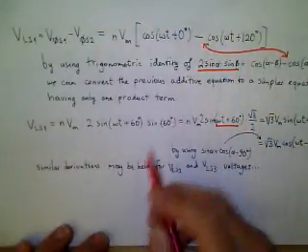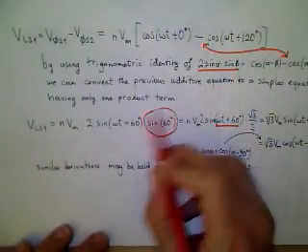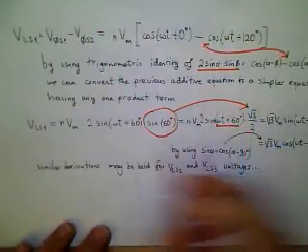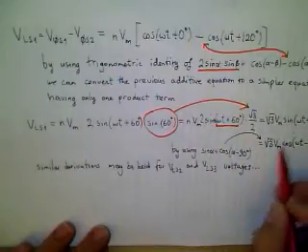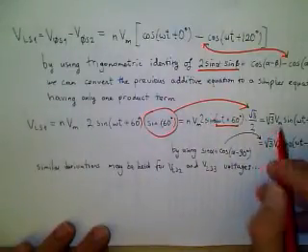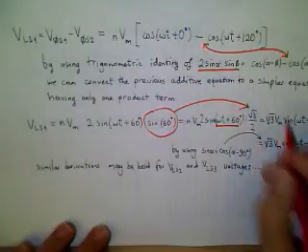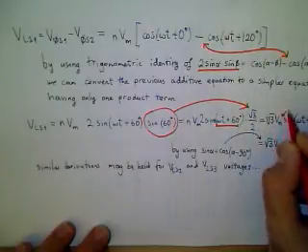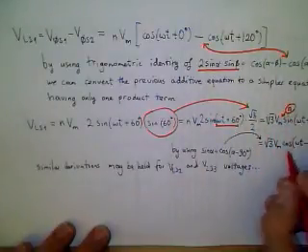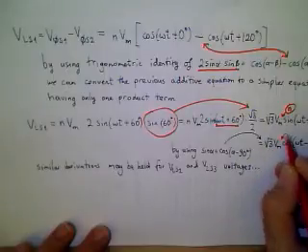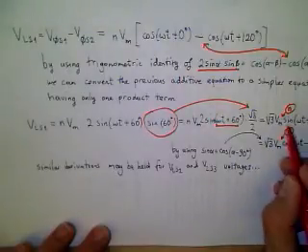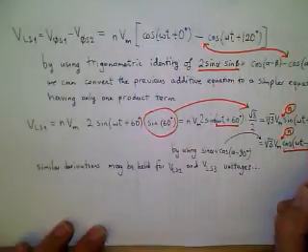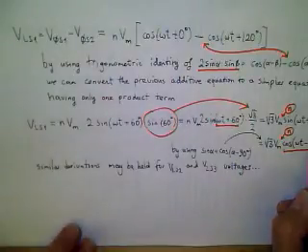We only have multiplication, and sine 60 degrees can be written in its numerical form. So we have a very simple sine function with amplitude. Here the turns ratio n has been forgotten, so let's add n here. Okay, now it's perfect. A simple sine function, or equivalently a cosine function with 30 degree phase difference, is the final result.